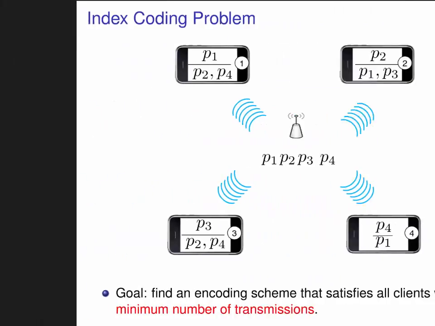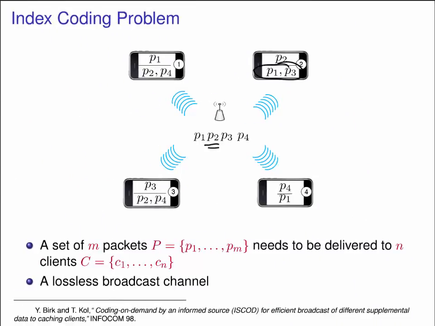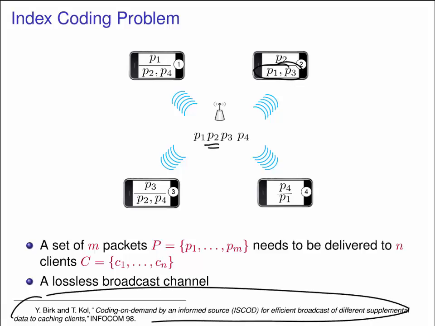This problem was actually defined before network coding was popular, in 1998, in the context of broadcasting packets from a cellular network, which has a low capacity backend channel between clients. Different clients can have certain sets of movies, and we need to broadcast new movies to clients, and clients of course can utilize side information available at those nodes to make this transfer more efficient.